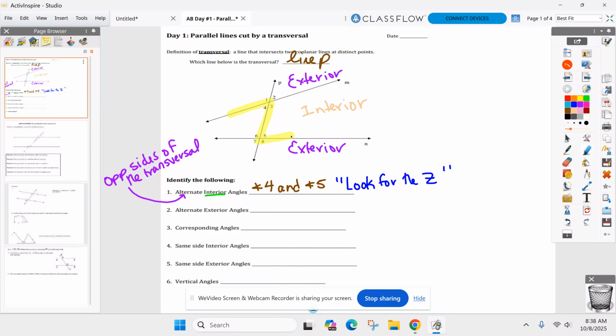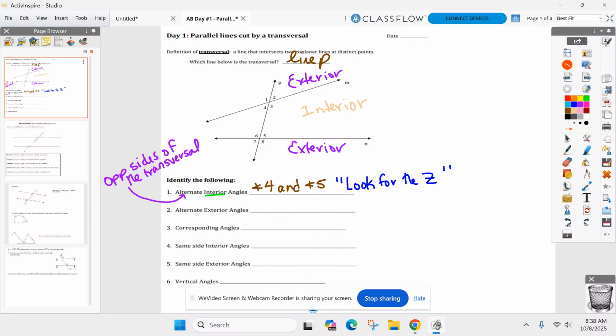A little elementary schoolish, but if I close the mouths of the Z, everyone see the numbers they eat. In that case, 4 and 5, the alternate interior. And also we can go backwards with the Z. Close the mouths of the Z and everyone see the angles they eat up. So when you're looking for alternate interior, look for the letter Z on your diagram and you will find them.